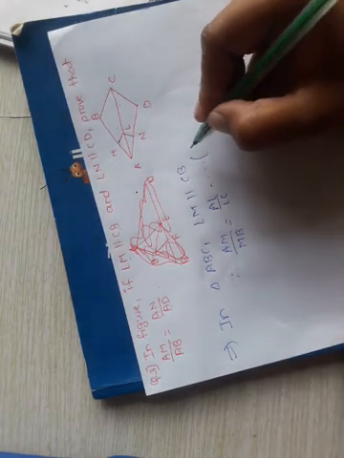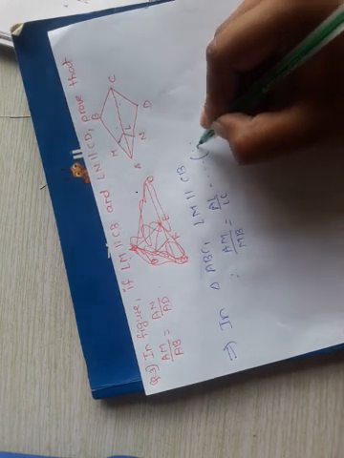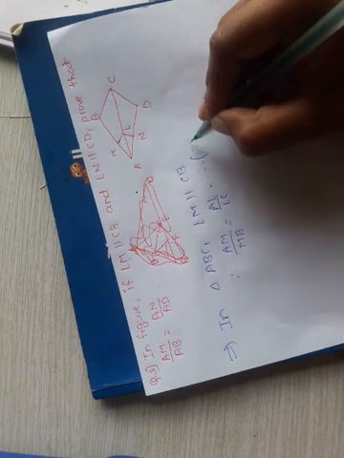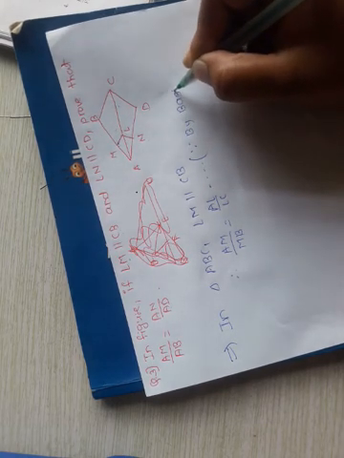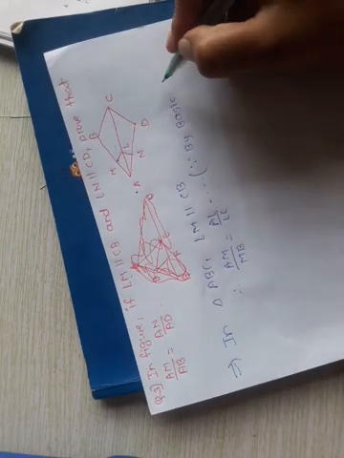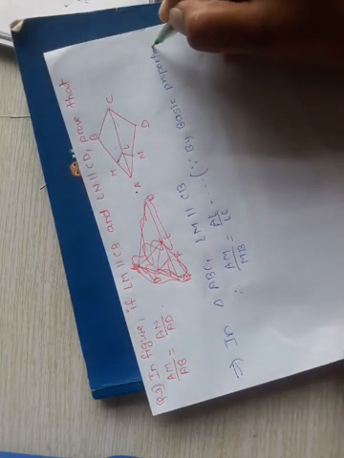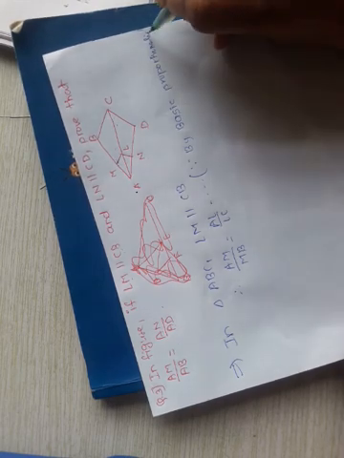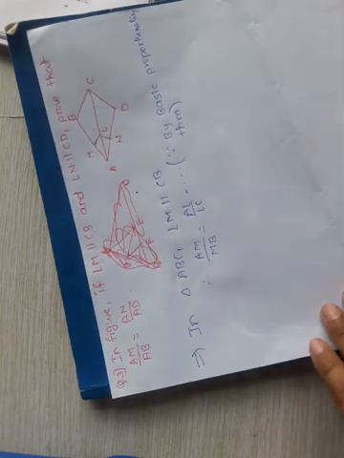We have used the basic proportionality theorem. So write down, giving the reason is a must. Give the reason: since by the basic proportionality theorem, or you can simply write BPT, by basic proportionality theorem.